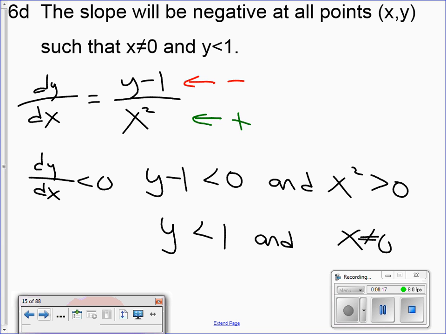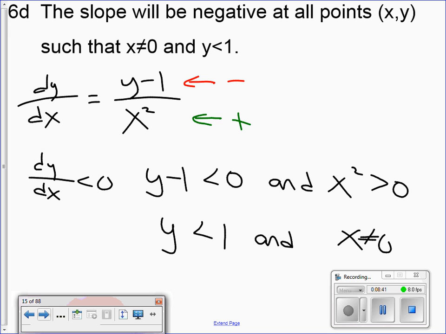Because it's a fraction, it's negative. Normally I would say or when the denominator is negative, but that can't be. That'll never be negative, so that's why I don't consider that. So it will be any point x, y such that the numerator is negative. For y minus 1 to be negative, less than 0, y would have to be less than 1. I just added 1 to both sides of the inequality.